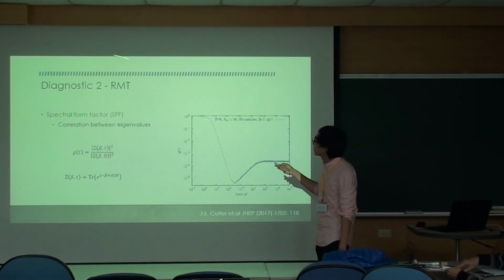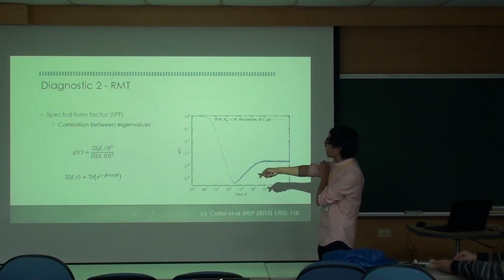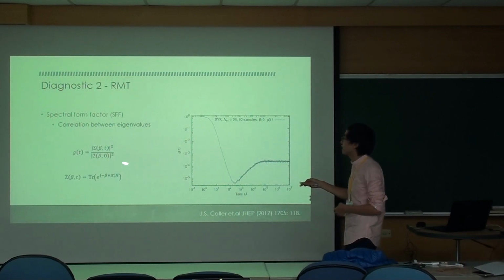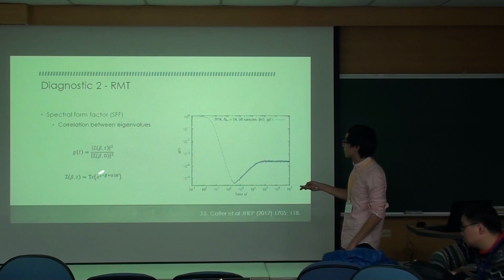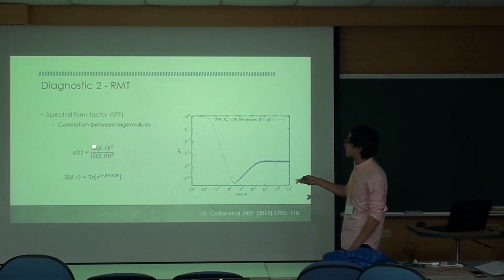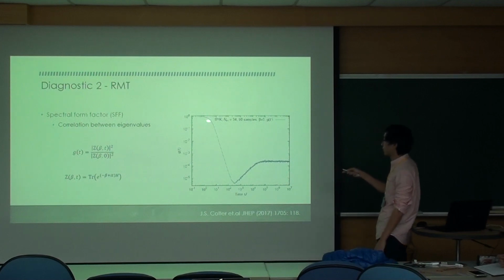Within the framework of random matrix theory, I mentioned that there's one quantity that you can compute, which is the spectral form factor. It is defined as the ratio of some function of complex temperature, beta and t, squared, divided by the same function with t equal to 0. And this is the typical behavior of the spectral form factor for chaotic systems.